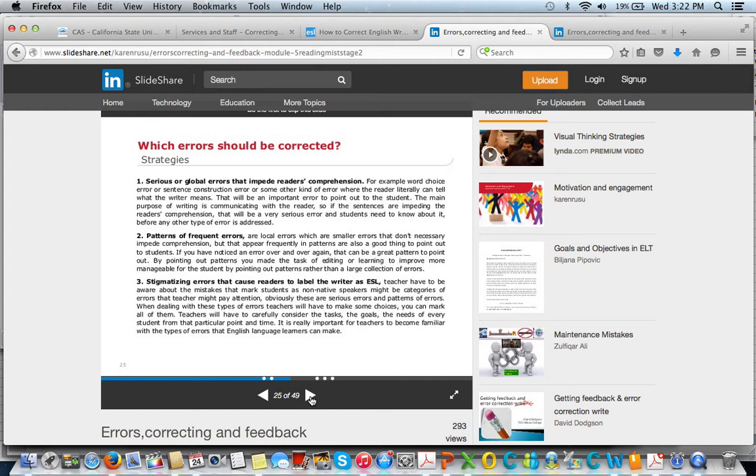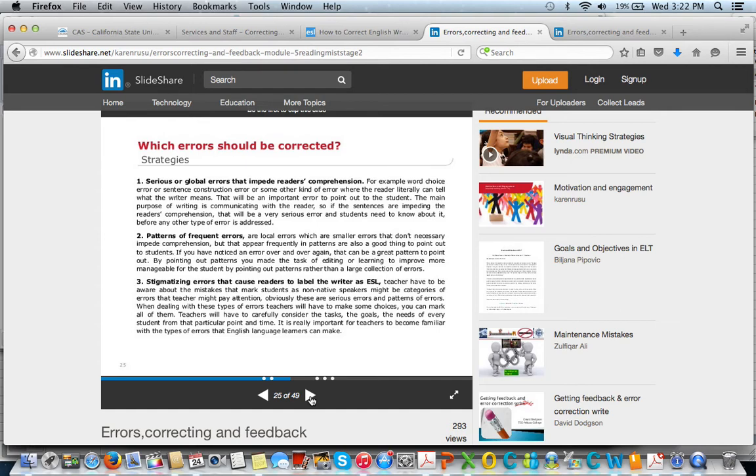And they're serious because they really impede the meaning. They don't let us understand what it means. A global error is more something that affects the writing at a broader scale than just the sentence. It might impact the whole paragraph or the whole cohesion of the larger piece. So that's a global area.